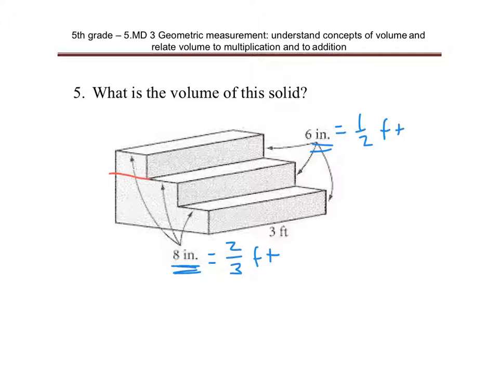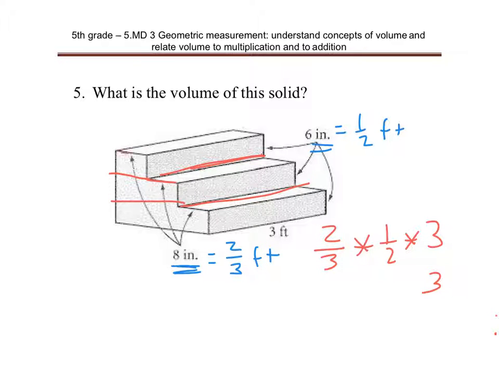So this top portion here is 2/3 wide times a half tall, and then 3 feet across times 3. We'll figure that out in a second. So what about the next one? Well, the next one is also 3 across, but this time it's 2/3 and 2/3, so 8 inches and 8 inches.